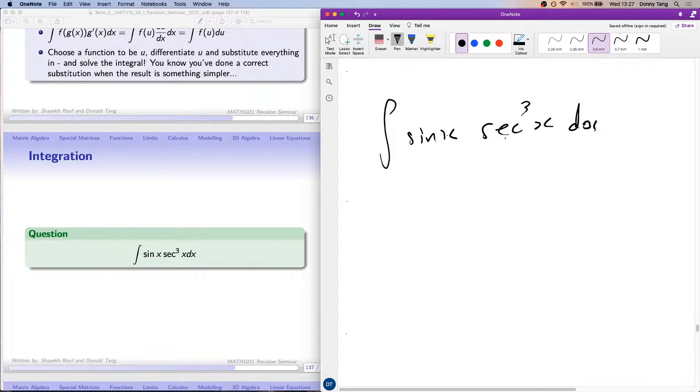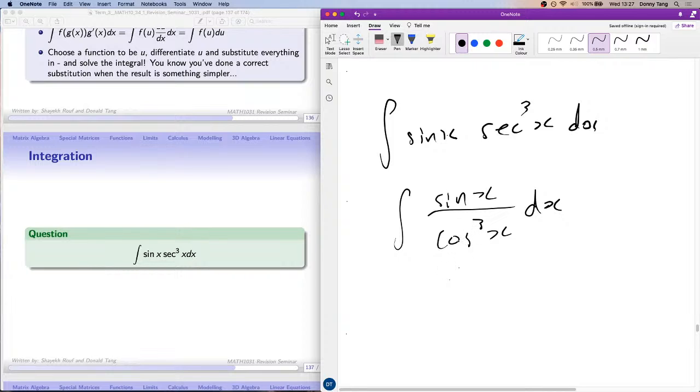So basically, first things first, when you see sec, convert it to a cosine. Not in all cases, but in this case, yes. And then what you need to do is choose a function to be your u. In this case, it actually doesn't matter what you choose to be u, because usually you choose the u to be the one where, when you differentiate it, it equals something else.